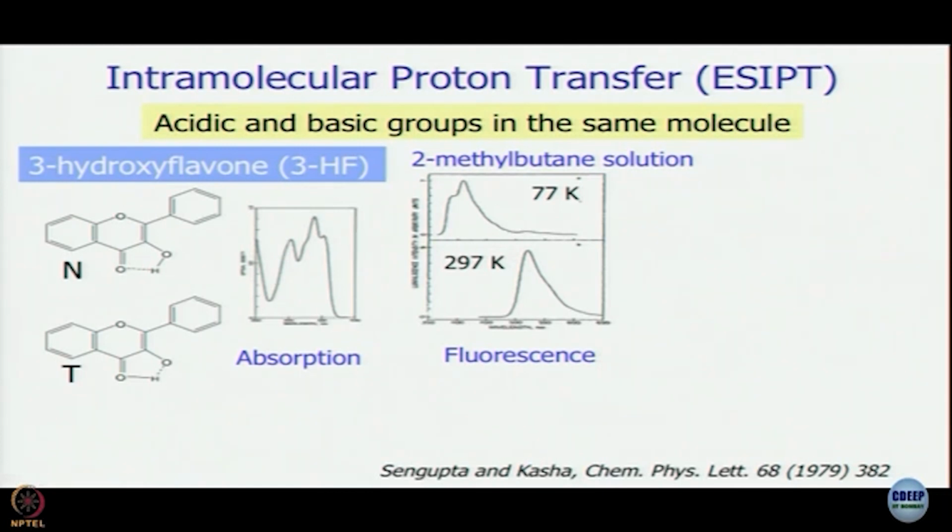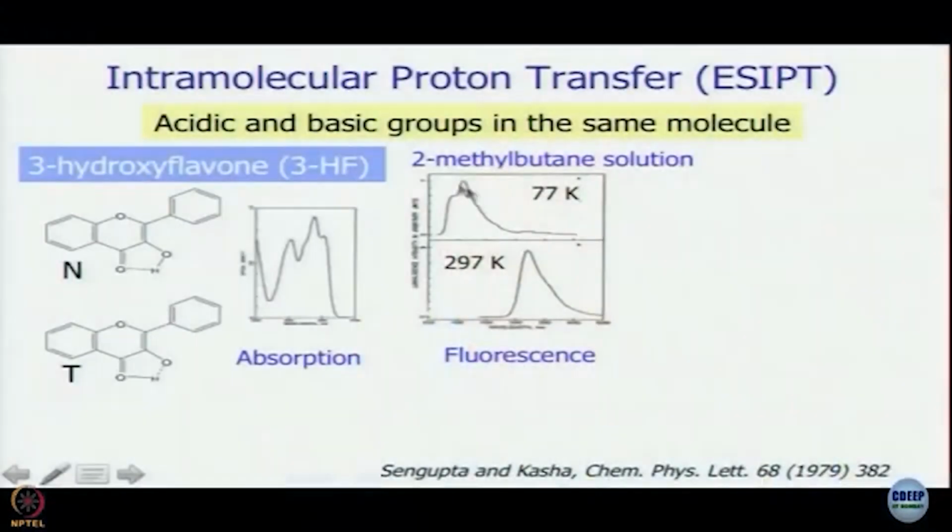And now look at this spectrum. Of course, they did not have computers like we have today, so normalization and all were not done, but look at these bands and this band structure. Do they not look like mirror images? So, at liquid nitrogen temperature, the spectrum that you see is for the locally excited state.